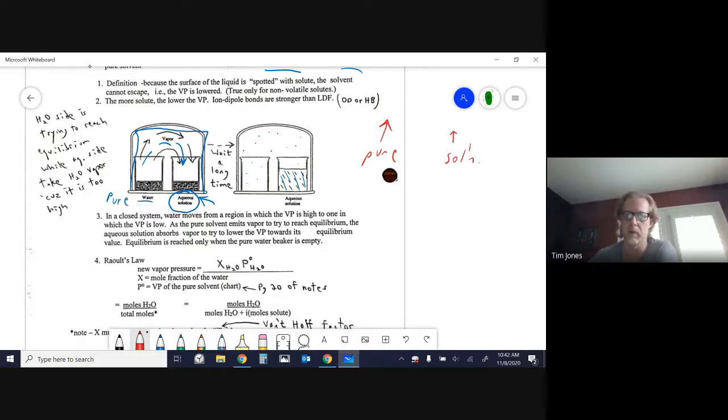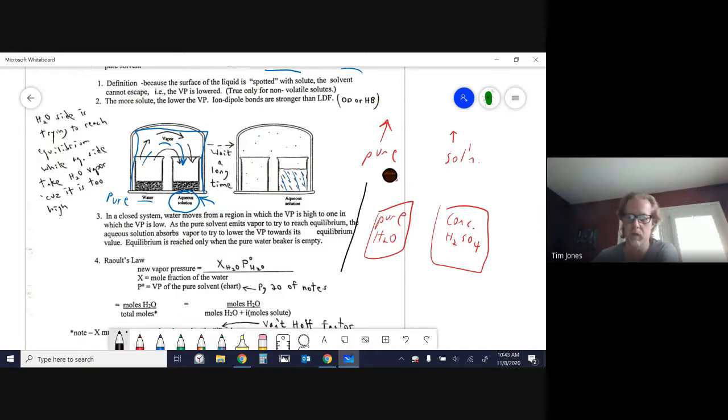So I'll have a beaker of concentrated sulfuric acid, and then I'll have a beaker of pure water or distilled water. I'll put the whole thing in a closed container so we can see it, and we'll wait. It'll take a while. I call it the longest demo ever. And what will happen is the water will make its way over there, like in our picture.